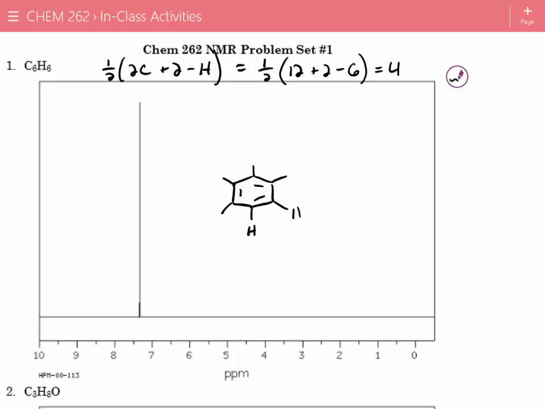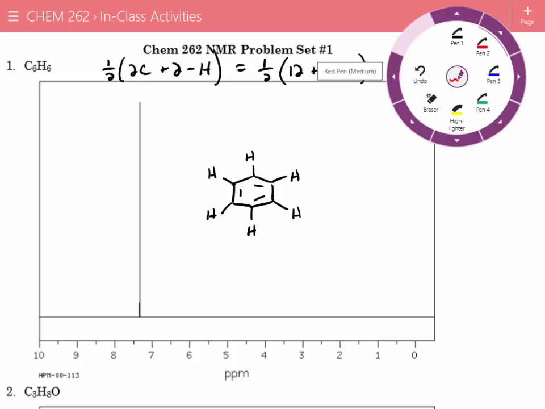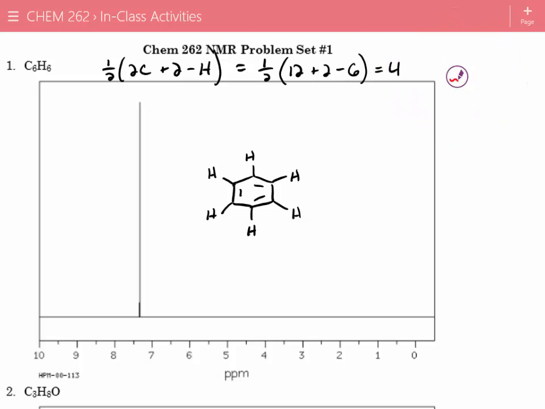If we draw in all of our protons, are these all equivalent? Yes, it's got rotational symmetry. They're all in the exact same environment. So if we were to label these, they would all be HA. And what sort of splitting pattern would they have? They have no 3-bond neighbors because equivalent protons can't split each other.